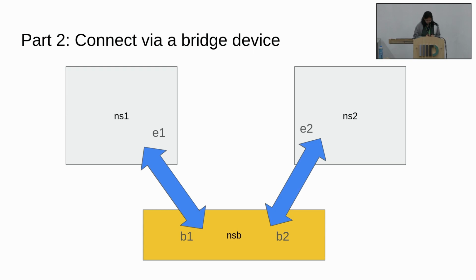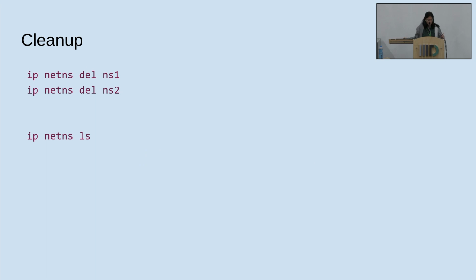We are still manually creating the Ethernet devices and adding the IPs, but at least one step closer to the end. So before we use a bridge network, I'll ask you to delete the network namespaces that you created, so that we can create a bridge and connect them again.